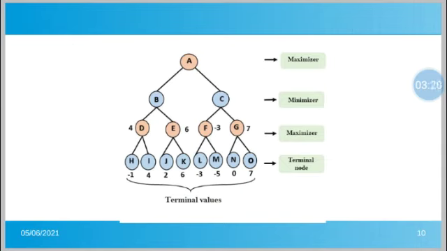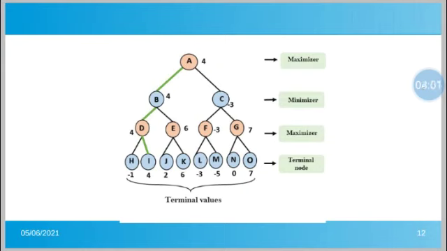At B, min will choose 4, and at C, min will choose the minimum between -3 and 7, which is -3. But at A, max is going to play. Max will choose the maximum between 4 and -3. So it will choose 4. So this will be the path A, B, D and I.